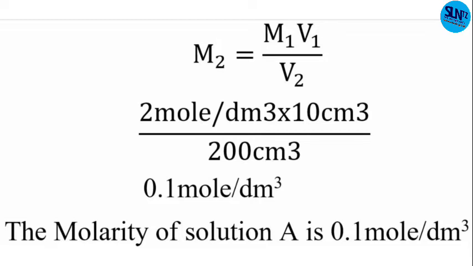It means 2 moles times the 10 mL of concentrated divided by 200 mL of diluted solution. Our answer is 0.1 molar. So the molarity of solution A is 0.1 mole per decimeter cube.